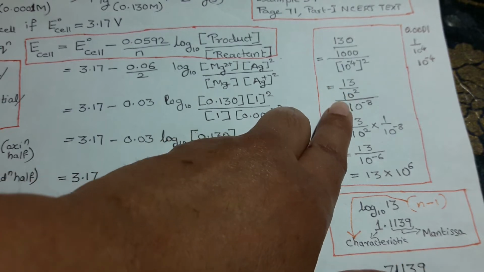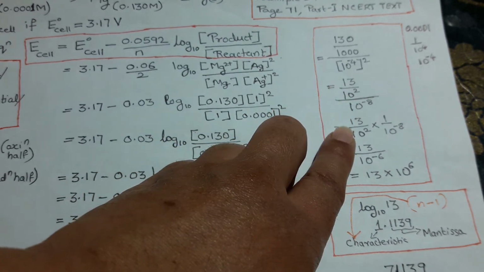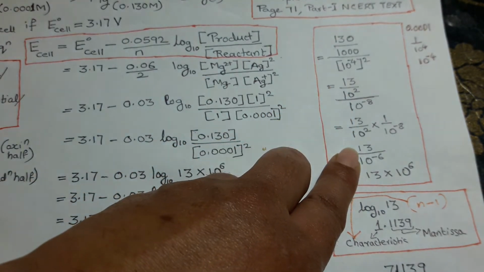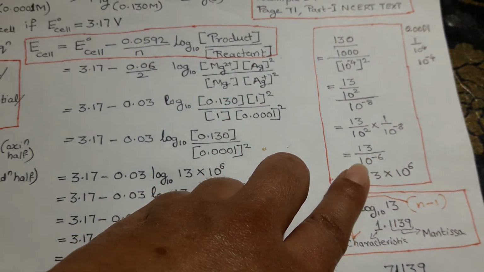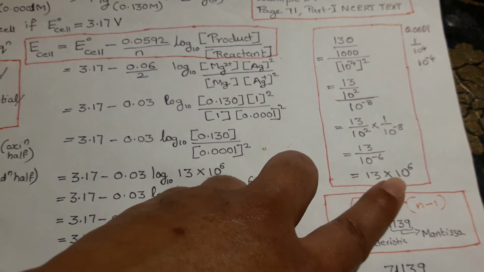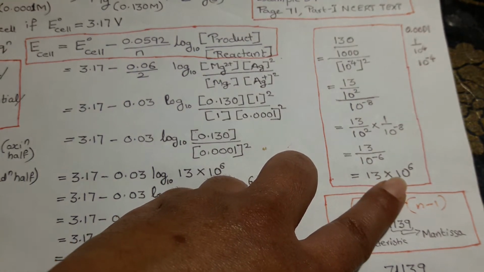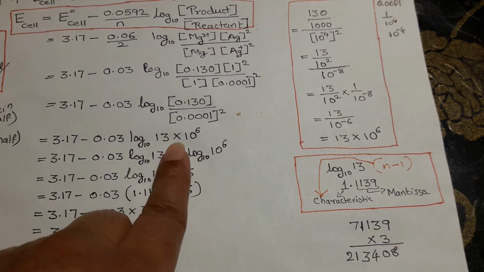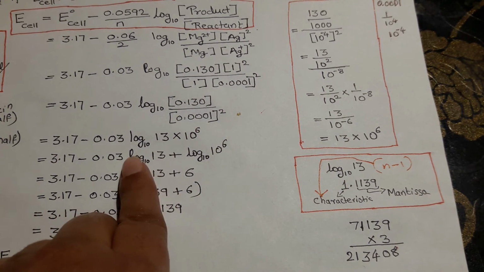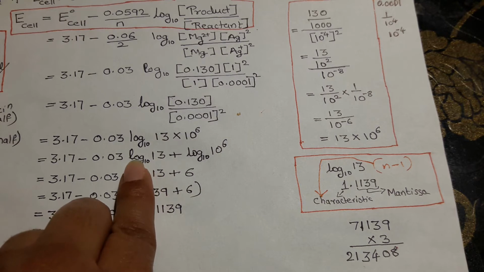Similarly, with the further calculations we get 13 upon 10 raised to minus 6, which we can also write as 13 into 10 raised to 6. So when we solve this we get 13 into 10 raised to 6, and we find the log further.